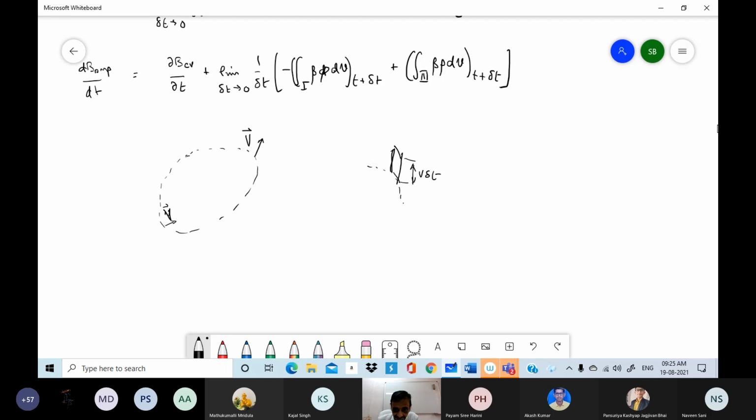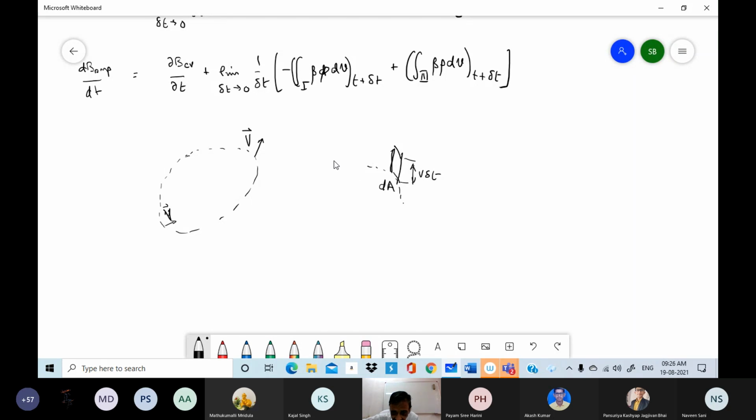So if I consider an area dA, then the volume covered in region 3, the region through which the system has moved out from the control volume, would be the volume of the cylinder which has base area dA and slant height v delta t. Why do I say slant height?